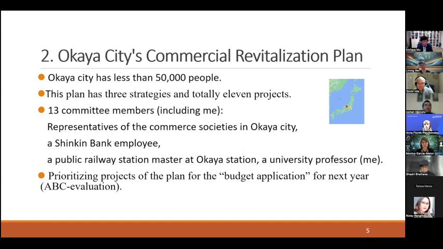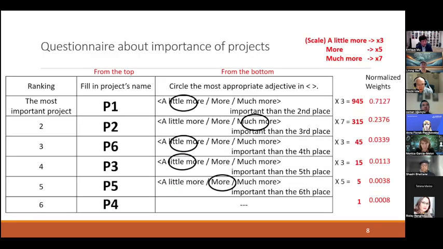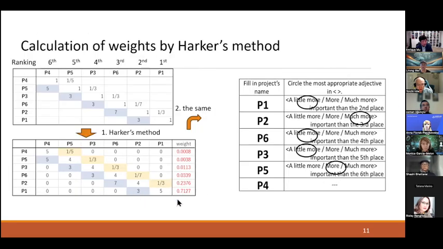So the purpose of this method is that we decide A, B, C. In particular, A is very important because it is related to the budget in the next year. So we need differences in the evaluation values.